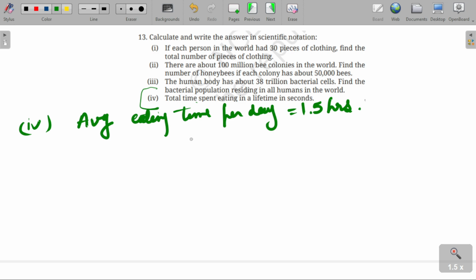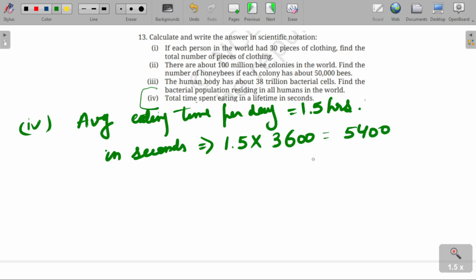And if we convert this into seconds, we need to multiply 1.5 with 3600, which is 5400. That is 5.4 into 10 raised to power 3.